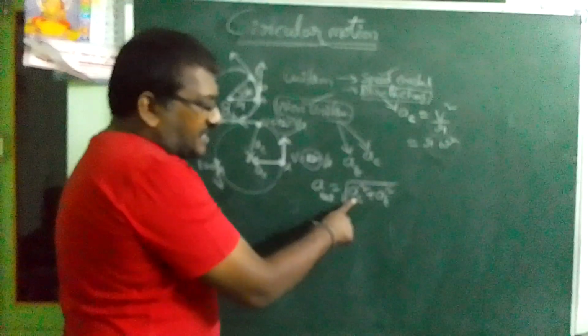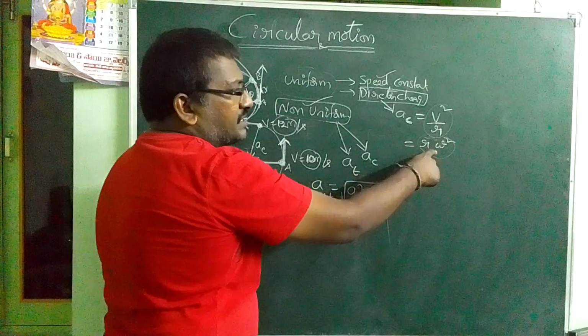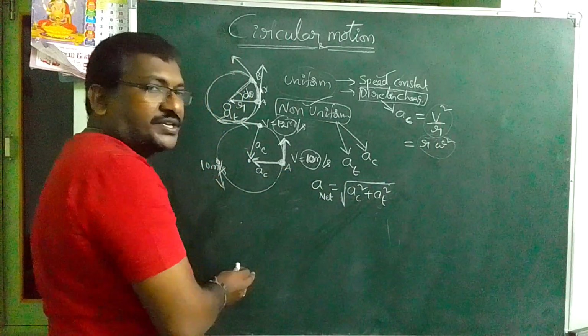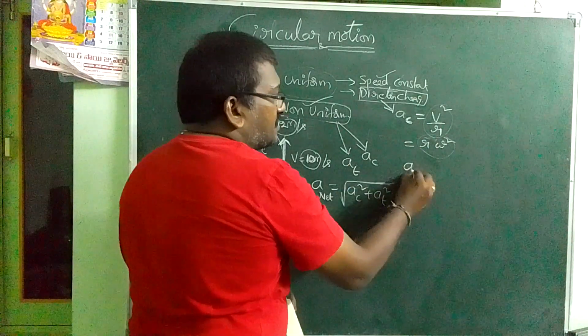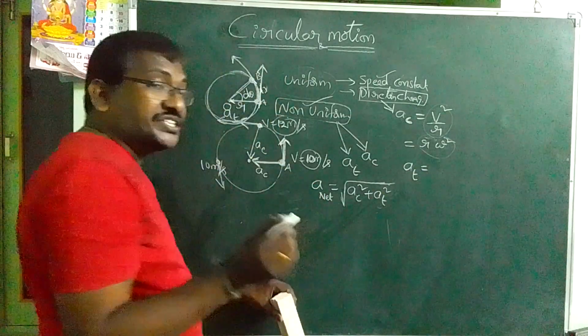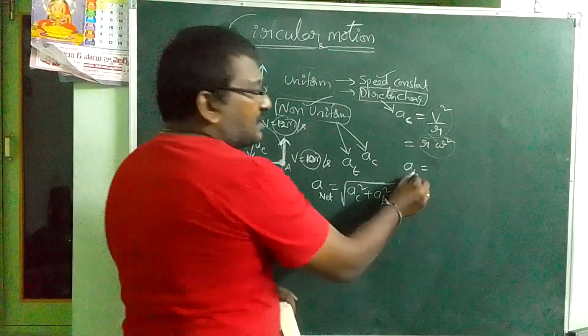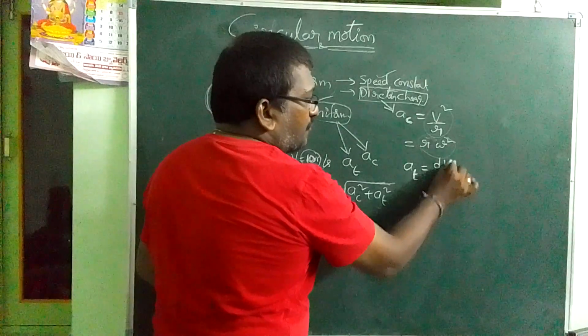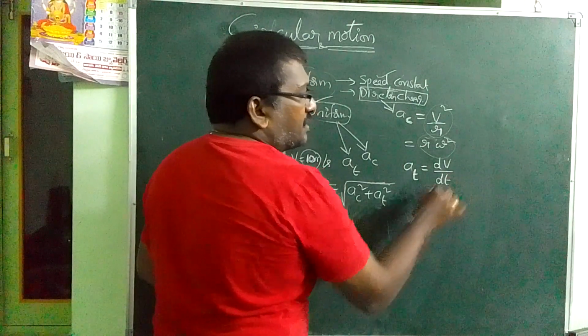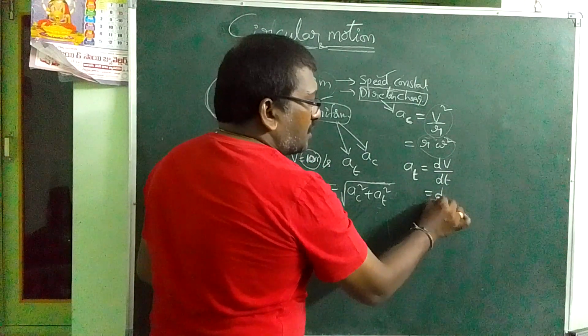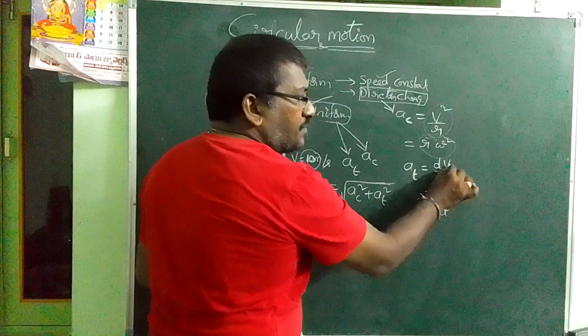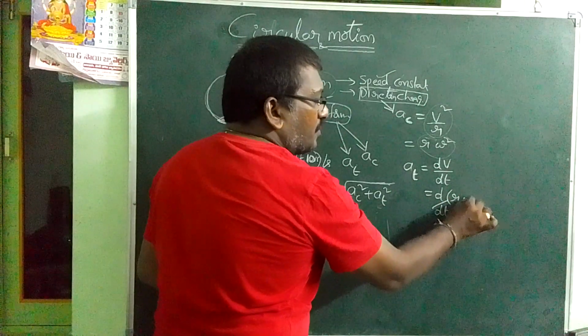We know the centripetal acceleration, we can write like this. What about tangential acceleration? The tangential acceleration is due to the change of the magnitude. So tangential acceleration, we can write the formula dv by dt. That equals d by dt, and in place of v, we can write r omega.